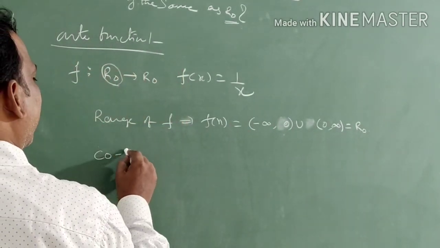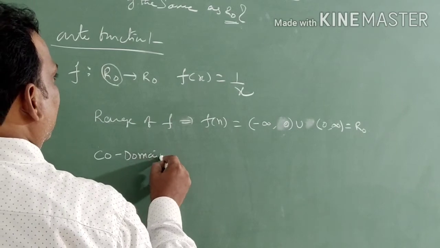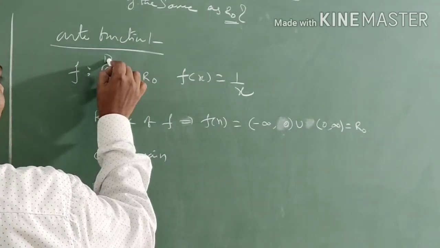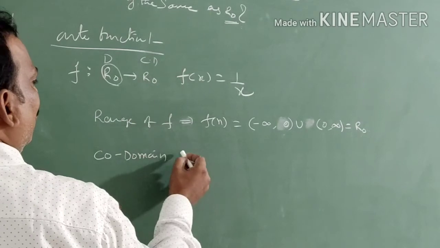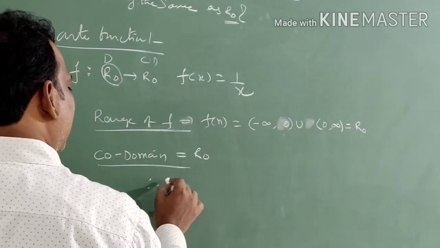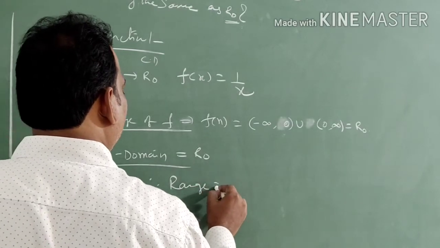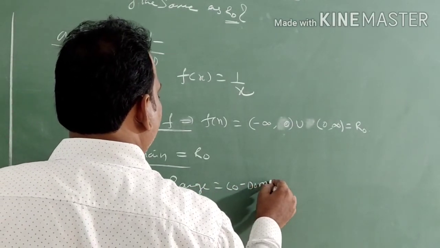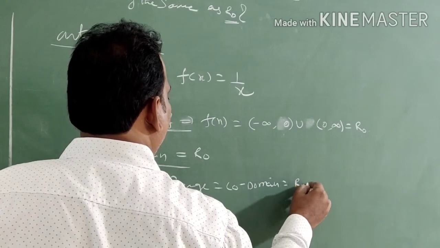What is the codomain here? I told you, codomain is always the domain. What is the codomain in this function? R naught. Range and codomain both are equal. So range is equal to codomain, which is equal to R naught.